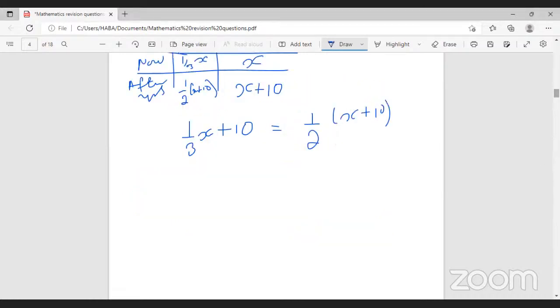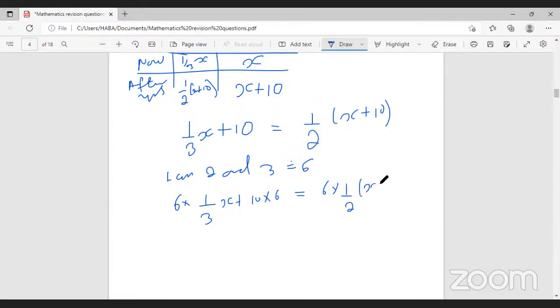Okay, so what we are going to do, still here we can find the LCM of 2 and 3. And this would be 6, and then we multiply it, so that this becomes 6 times 1/3 x plus 10 times 6 is equal to 6 times a half of x plus 10.